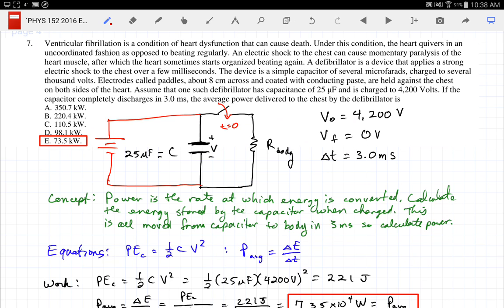There were some people, 3 or 4 people, who used VRMS and IRMS. The problem with that is they used the values for VRMS and IRMS for a sinusoid. Right? For a sinusoid, VRMS is equal to V peak over square root of 2. Now, we haven't studied this in class, but it was on the equation sheet.